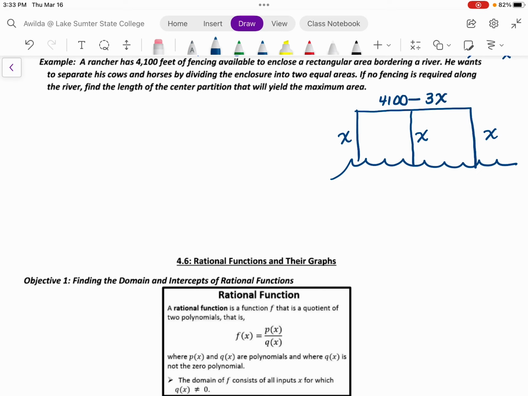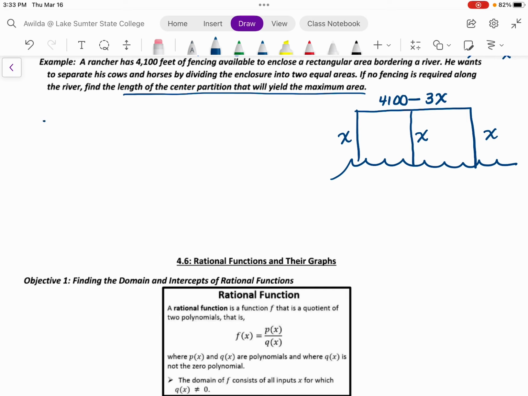Similar question, we want to find the value of x that maximizes the area, and then we want to find what that area is. Actually, this question doesn't ask that second question. It just wants us to find the length of the center partition that maximizes the area. It's not asking for what the maximum area is, although that's pretty easy to calculate.